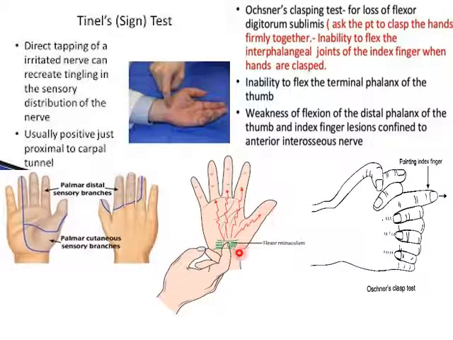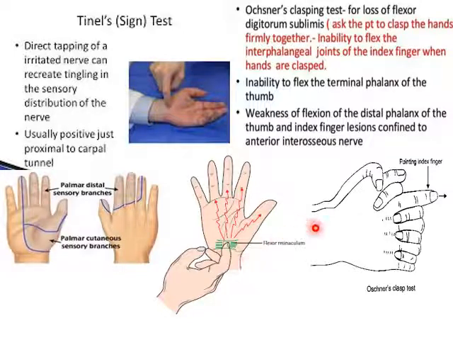So if by tapping over the flexor retinaculum the tingling and numbness is felt on the lateral 3.5 digits, the Tinel's test is said to be positive and is called Tinel's sign, which again confirms the compression of the median nerve within the carpal tunnel.